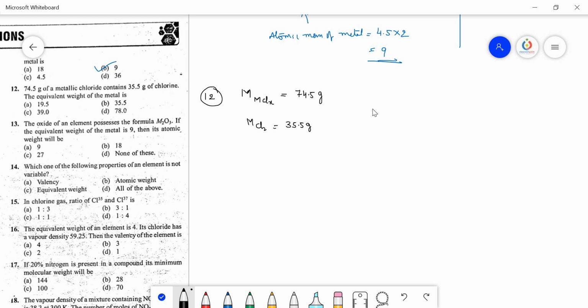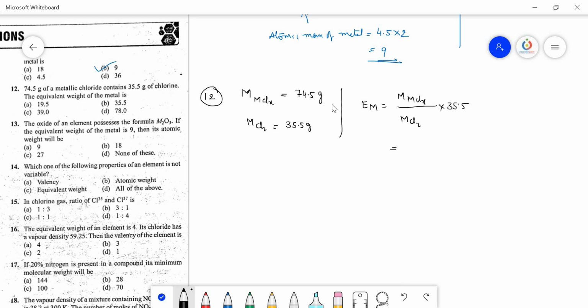Mass of the chlorine present equals 35.5 grams. Equivalent weight of the metal: now the direct formula is there. Equivalent mass of the metal equals mass of the metallic chloride divided by mass of the chlorine, into 35.5.